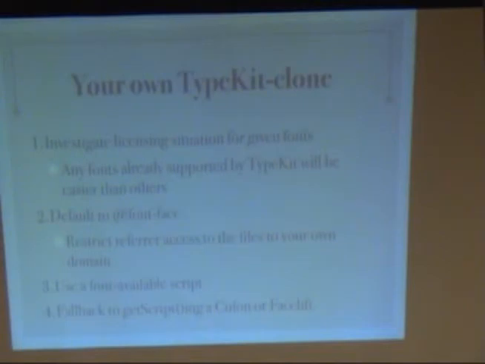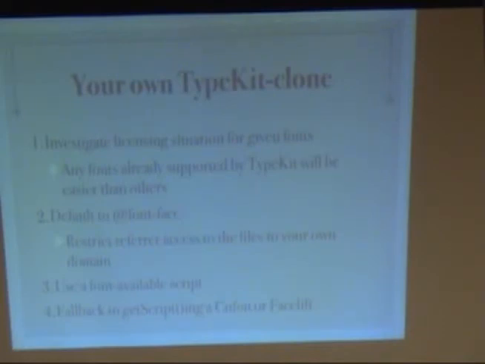So let's just say that you wanted to make your own Typekit. This is what I think it would basically be. You have to figure out the licensing issues. That part kind of sucks. But if Typekit supports a font, then you know that Typekit has already had that conversation with that foundry and found a way to satisfy them and to say we're going to do web embedding.